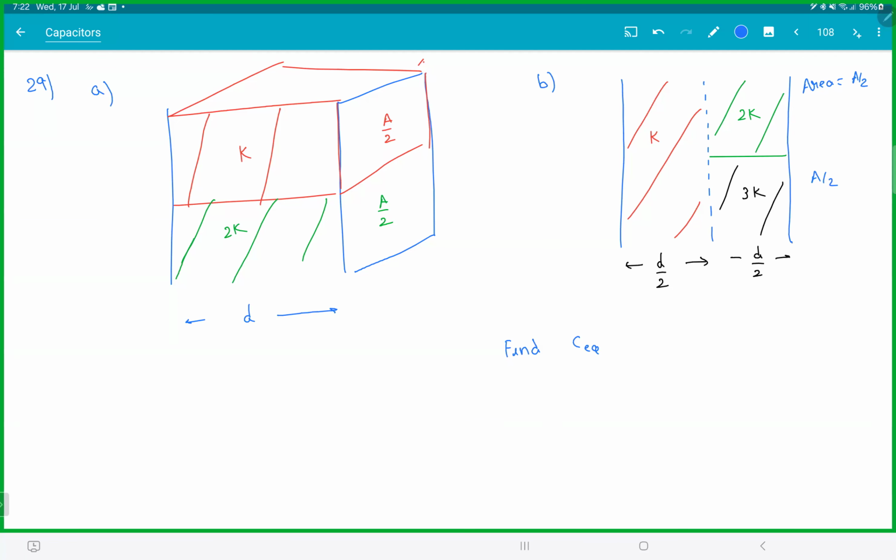First one was easy. You can treat them as two capacitors, and both of them are in parallel. They have same potential difference.